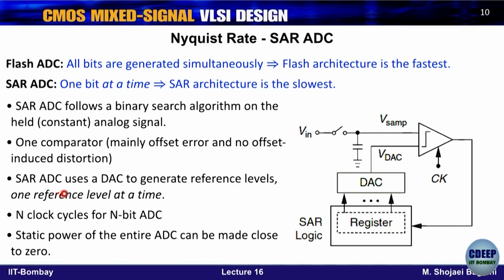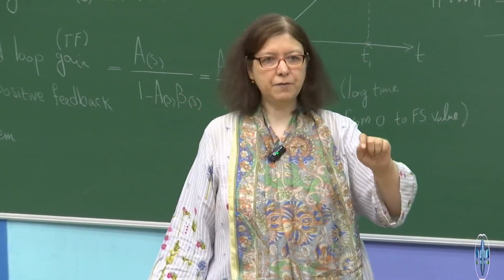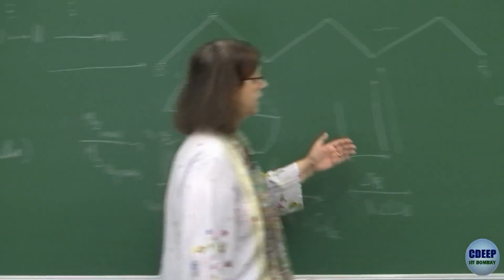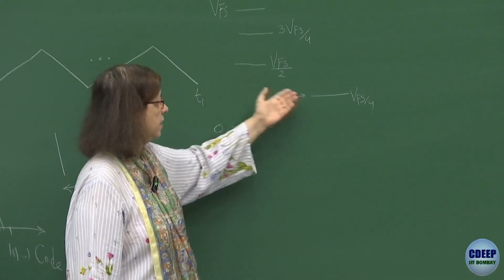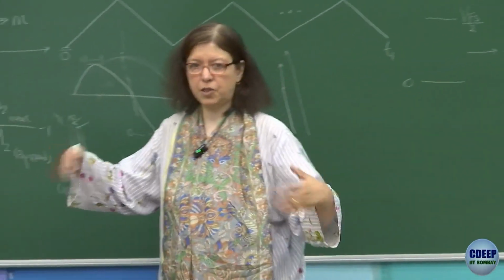But SAR ADC needs to generate reference levels, just like flash ADC. But we need to generate 1 reference at a time. Therefore, we don't need really to have the static power dissipation. We just need to generate reference at a time. So once we have 1 clock cycle, V full scale upon 2, 1 clock cycle, V full scale upon 4, and it need not be constant, it changes every cycle.